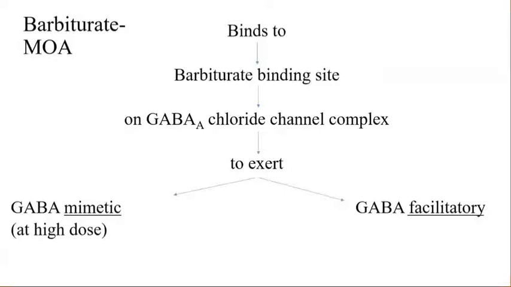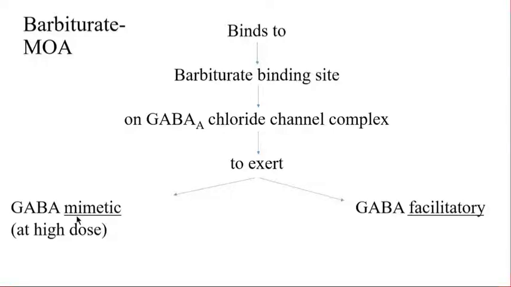Now basically this GABA is an ionotropic receptor. It allows the influx of chloride. And this GABA receptor has sites for both benzodiazepines and barbiturates. Barbiturates will bind to the GABA receptor, and upon binding, it will allow the influx of chloride ions. If you give barbiturates at a very high dose, it will also have a GABA mimetic action.